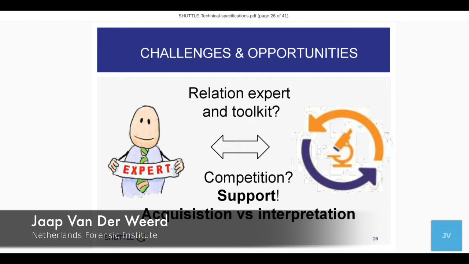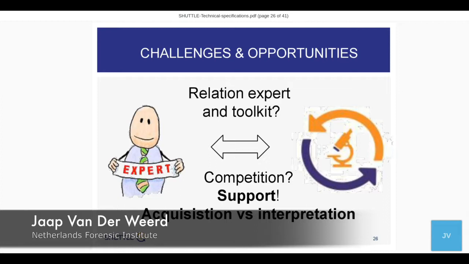There are many machines in forensic science, and experts do use machines. With the right attitude, the right impression, the right communication, there will be the possibility that experts see the shuttle toolkit as a support.